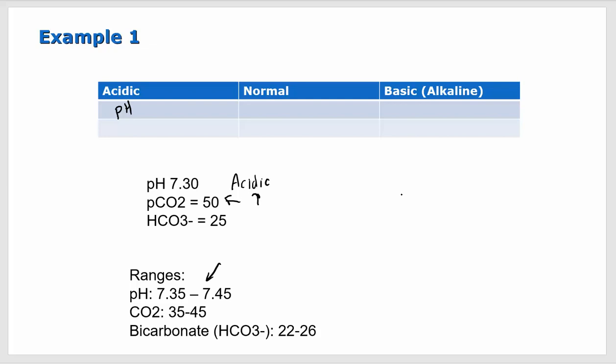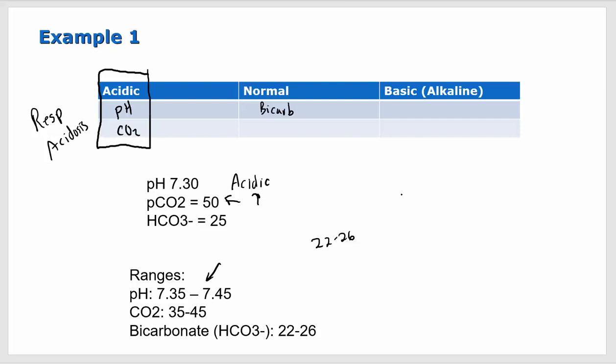So that's high, and also on the acidic side. My bicarbonate, 22 to 26, is on the normal side. So I can already see I have, some people would call this a tic-tac-toe: acidic pH and carbon dioxide. So that is going to be respiratory acidosis.